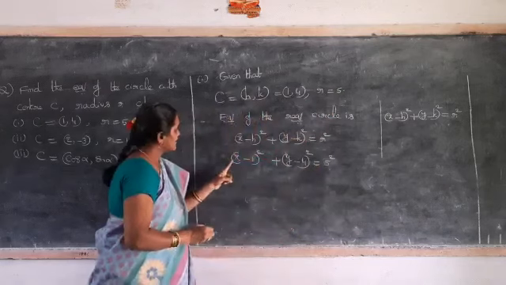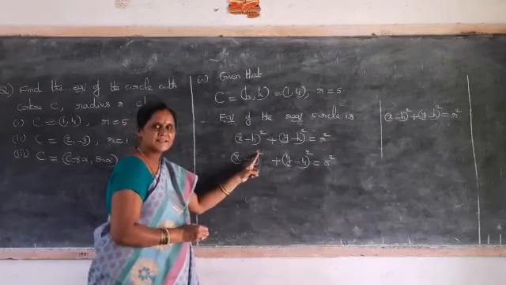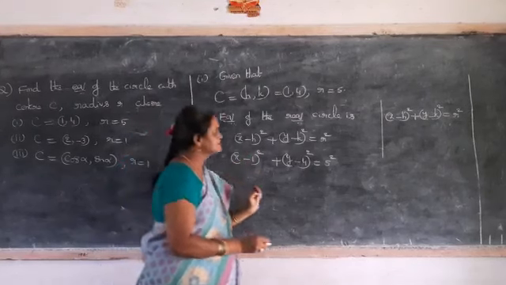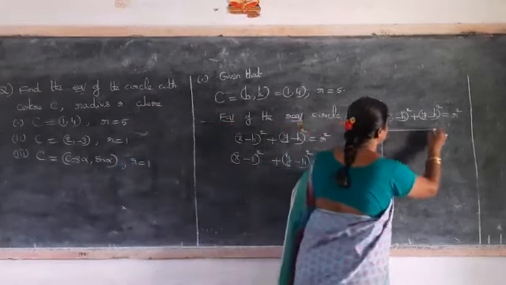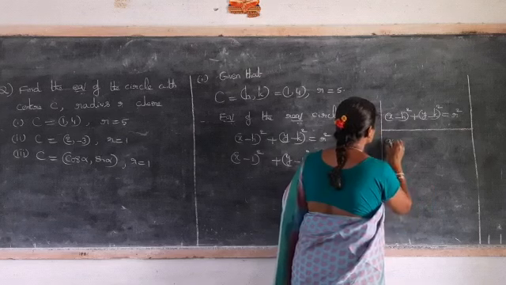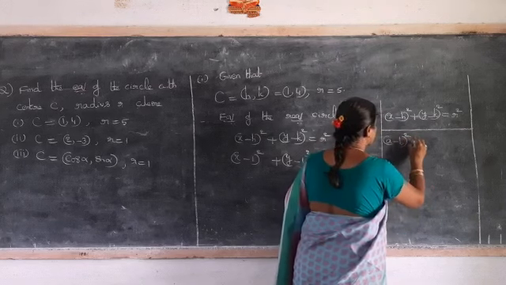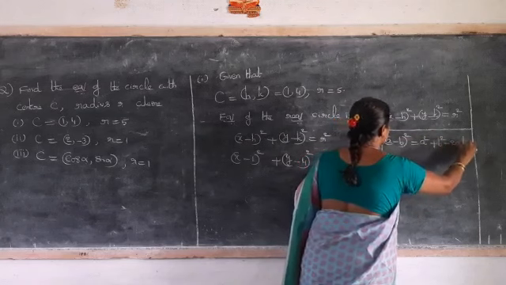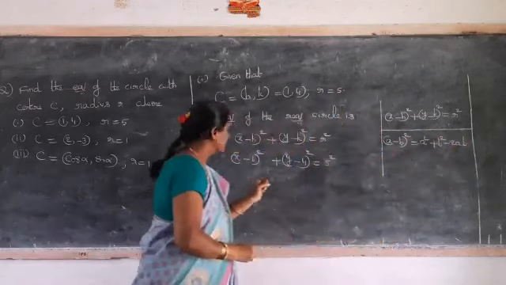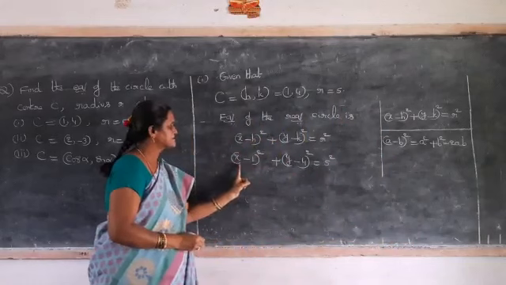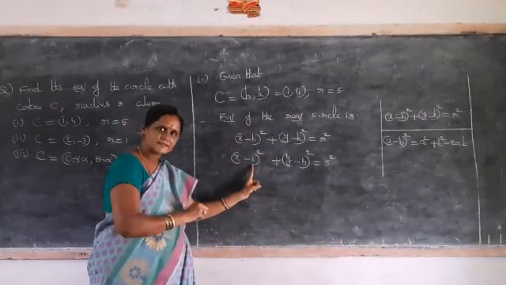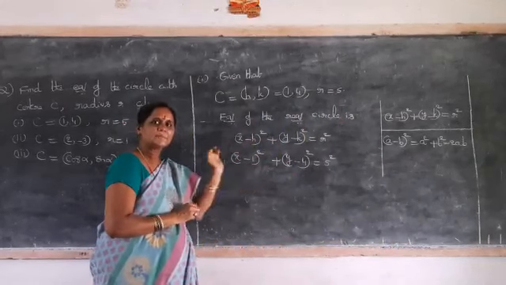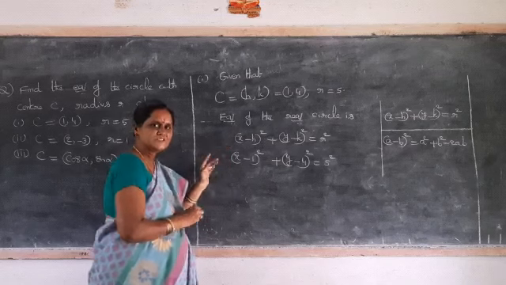Okay. Now (x minus 1) whole square is in the form of (a minus b) whole square. You know the formula. (a minus b) whole square is equal to a square plus b square minus 2ab. Now I apply this formula for this term. ఇప్పుడు (x minus 1) whole square expand చేయడం కోసం (a minus b) whole square formula యూజ్ చేసుకుందాం.